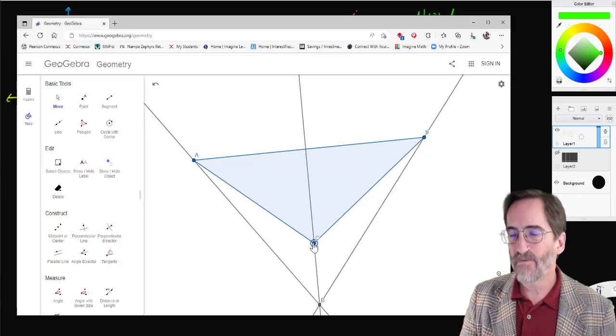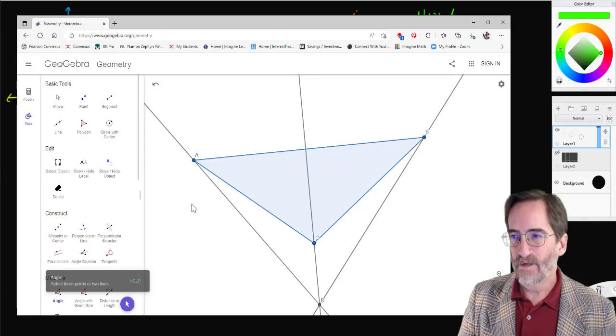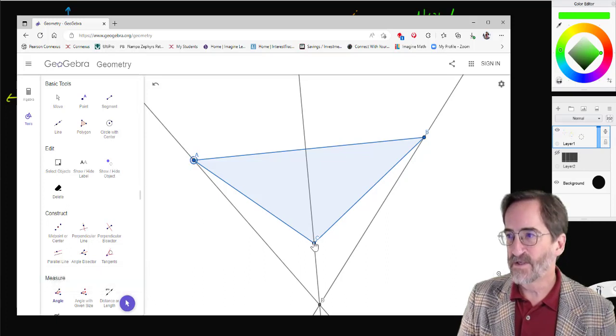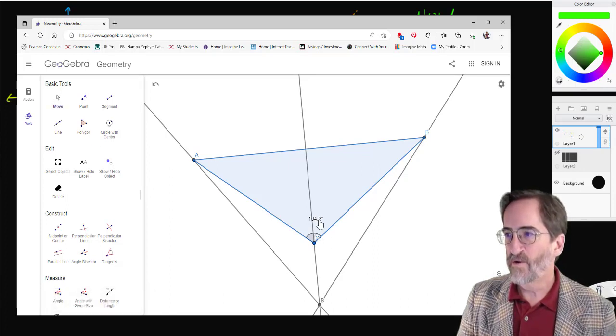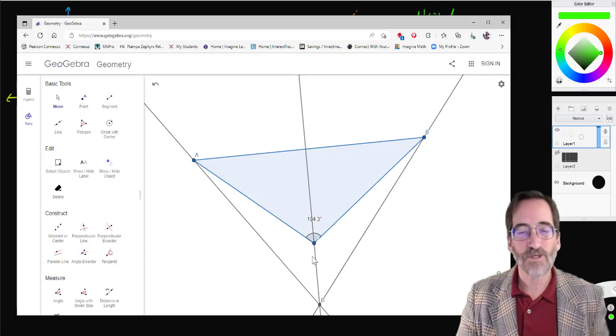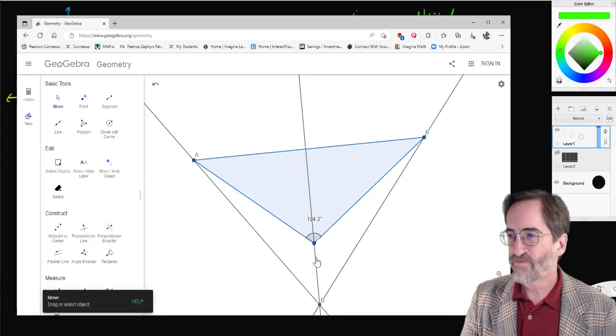Well, let's examine the angle here. So let's measure the angle. Angle, measure angle ACB. Okay, right now this angle measures 104.3, so that's an obtuse angle, and the orthocenter is outside the triangle.